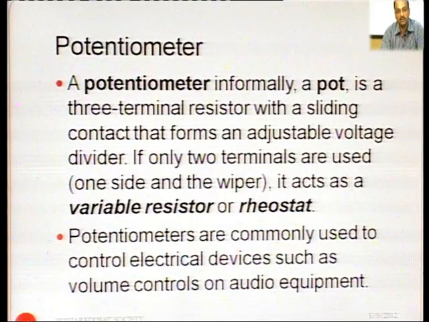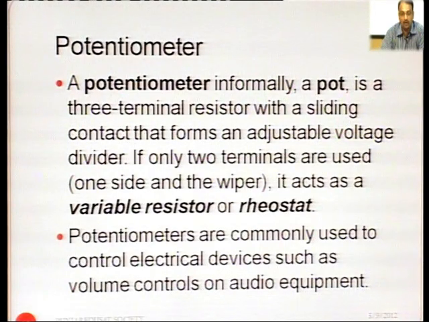The example is the potentiometer. A potentiometer, also known as POT, is a 3-terminal resistor with a sliding contact that forms an adjustable voltage divider. So, it is a 3-terminal resistor where one terminal is sliding, that is movable.